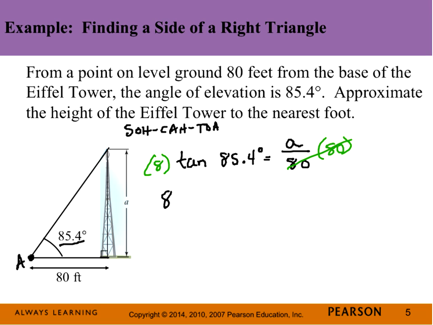And then I'm just going to put 80 times the tangent of 85.4 into my calculator, and I get that side A is approximately, I'm rounding to the nearest foot, 994 feet tall. And I can label this properly by putting feet. Moving forward.